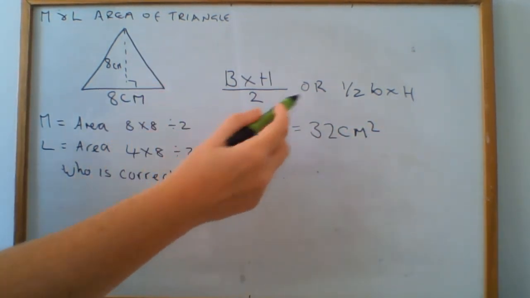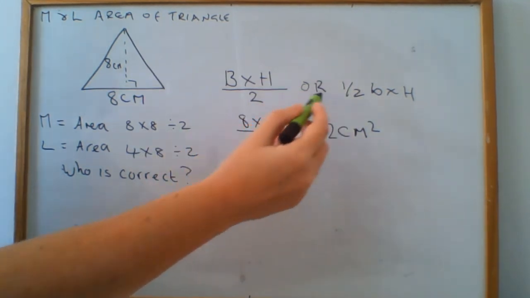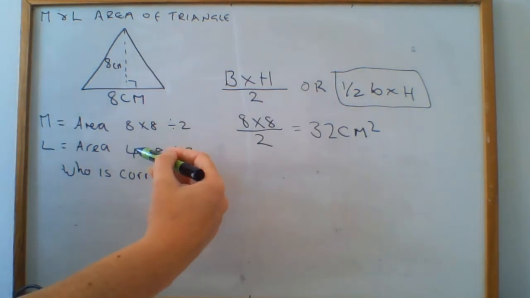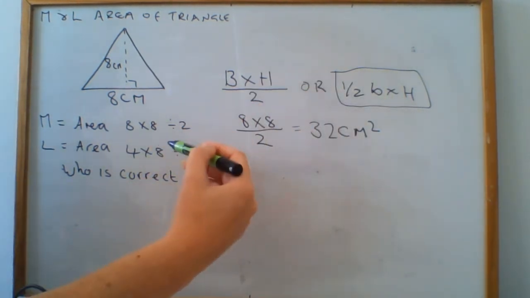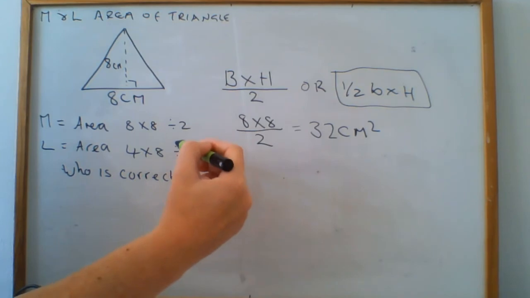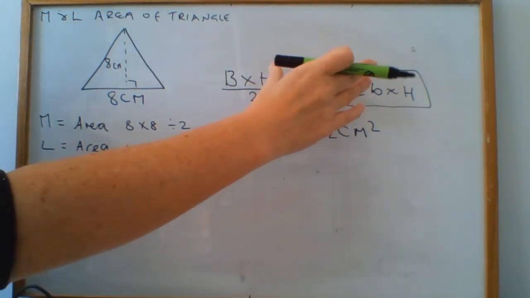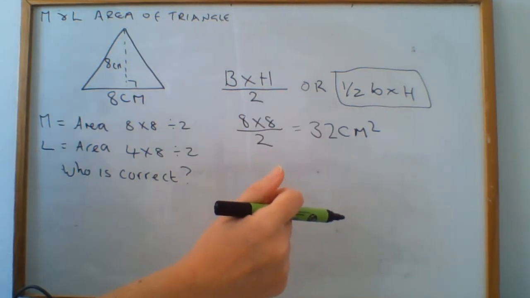So she's done half of the base here. She's remembered that you can use this formula, and she has done half of the base, which is 4, and she's timesed it by her height, 8. But that's where she should have stopped. You don't then divide it by 2 if you're using this formula. She has muddled up the 2, which is something you need to be careful of.